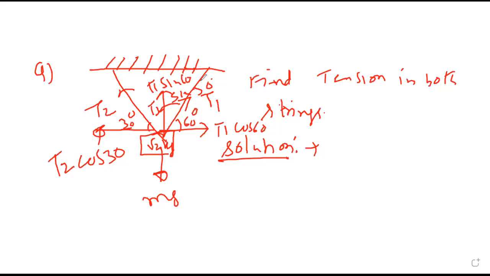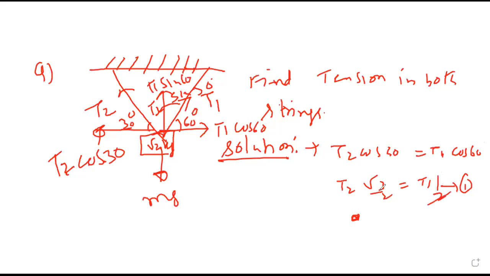Okay, I will just solve it if you have not got. T2 cos 30 is T1 cos 60.